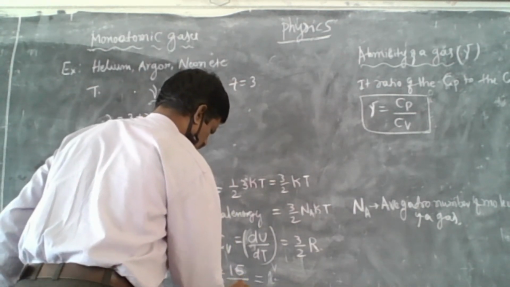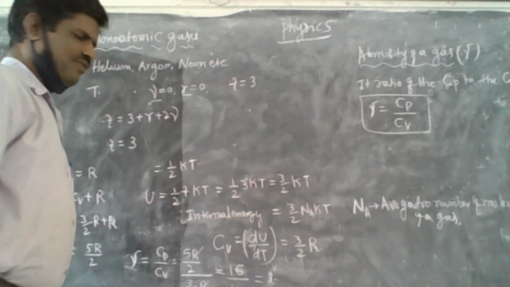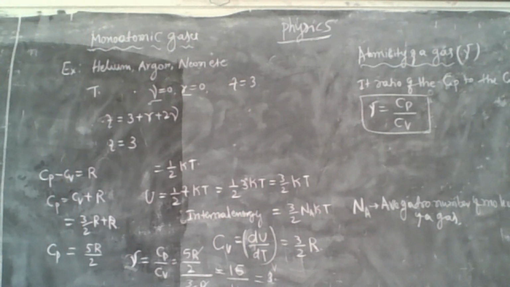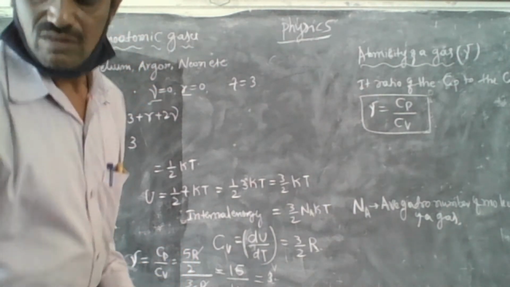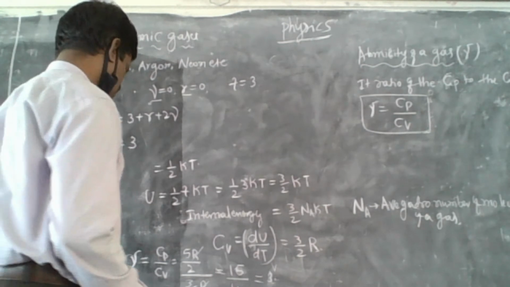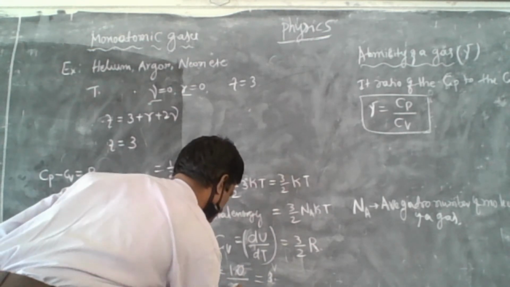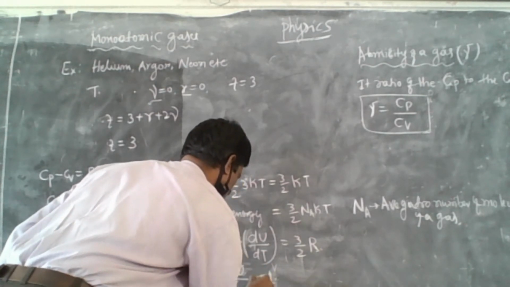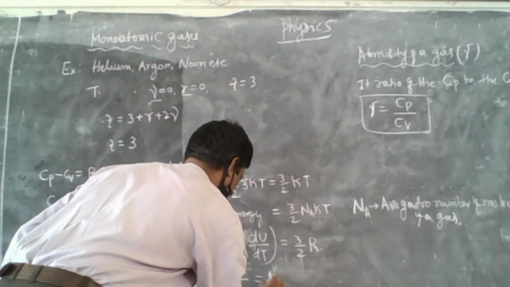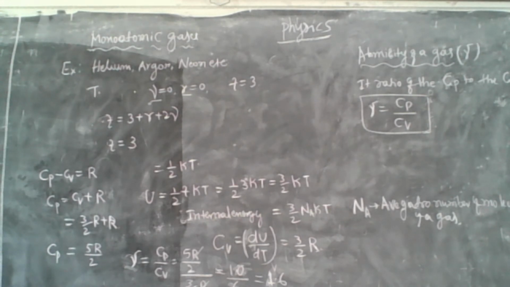So Cp by Cv is 5 by 2 R divided by 3 by 2 R, and the R's cancel. So 6 ones are 6, and 6 in 10 gives 1.6.